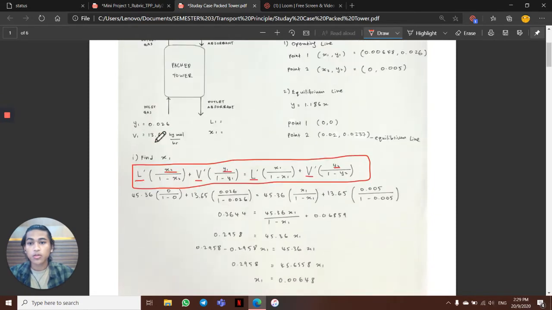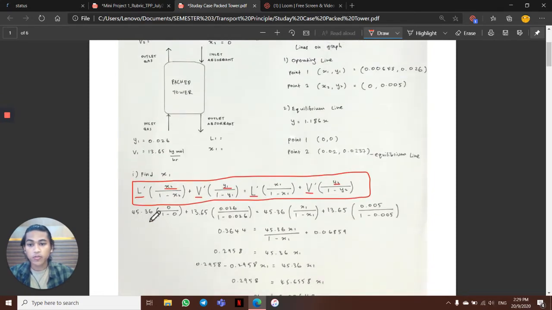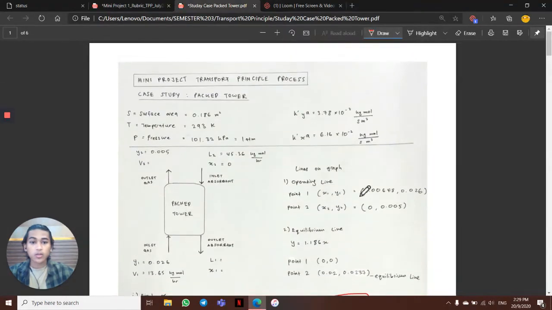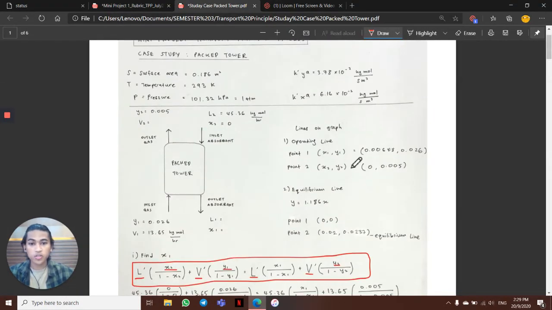You can put L prime as 45.36, X2 as 0, V prime as 13.65, Y1 as 0.026, sorry, and Y2 as 0.005. If you calculate it correctly, you will get X1 equals 0.00648. From this calculation, we get X1, which is the first point of the operating line.